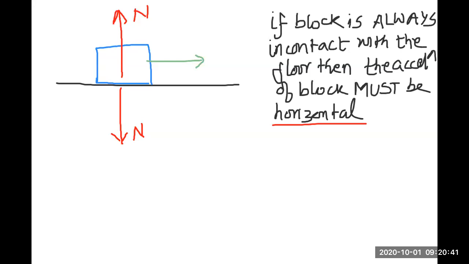What will always be the relationship between the direction of normal reaction and the direction of acceleration? So normal reaction is perpendicular to acceleration, right? Normal reaction is perpendicular to acceleration.